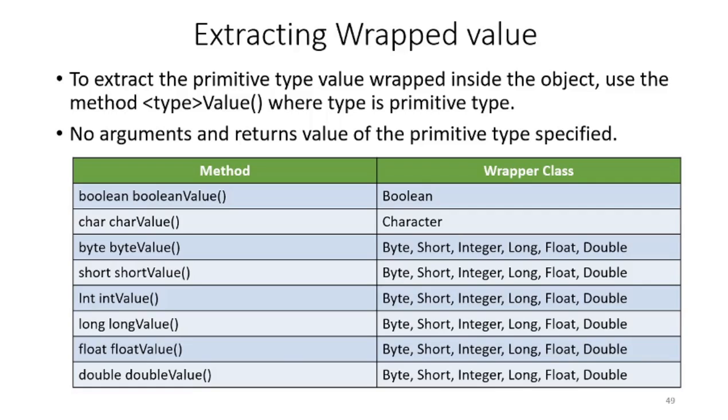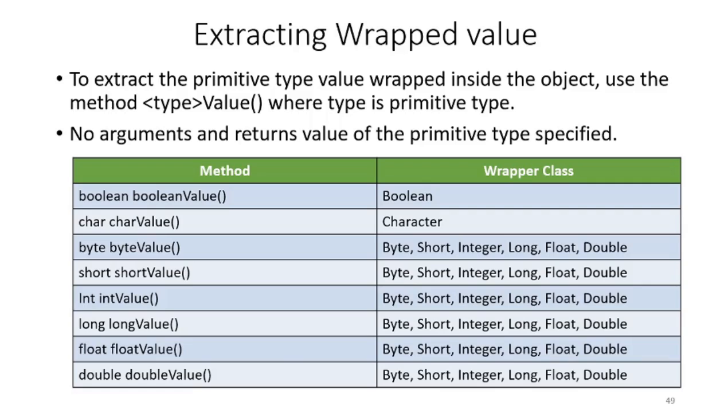Java's wrapper classes include publicly defined constants identifying the range of each type. For example, in the Integer class, we have the constants MIN_VALUE and MAX_VALUE.